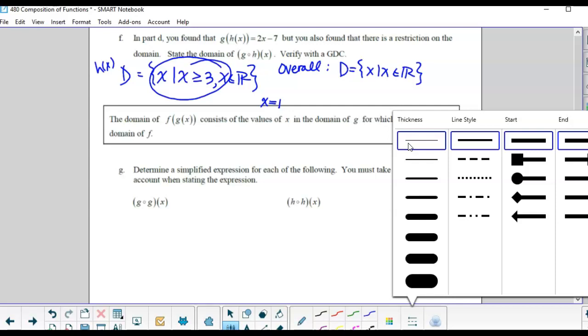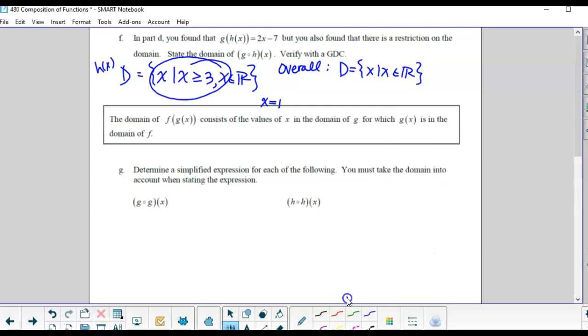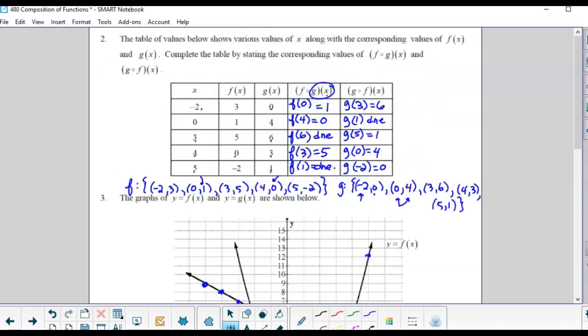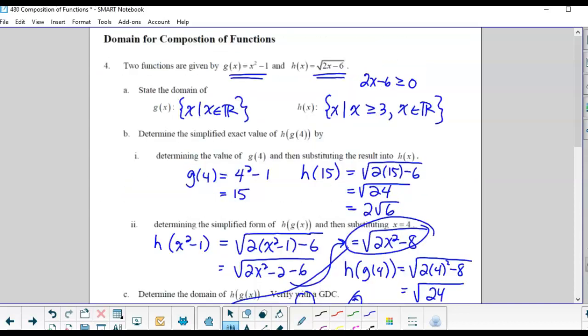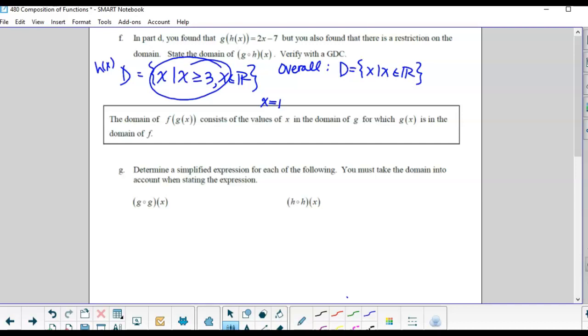So g of x was what? G of x was the first one, was it? G of x was x squared minus 1. So this is going to be g of x squared minus 1, which is x squared minus 1, squared, minus 1.